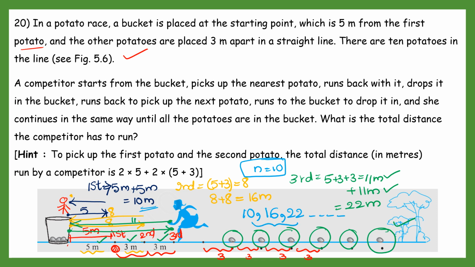If we check whether this series is an arithmetic progression or not, we can solve the problem. If the series is in arithmetic progression, we can easily find the total distance. They are asking the total distance the competitor runs to place all the potatoes till the 10th potato in the bucket. So first we will check whether this series is in arithmetic progression or not.